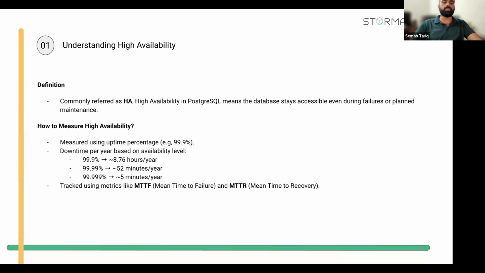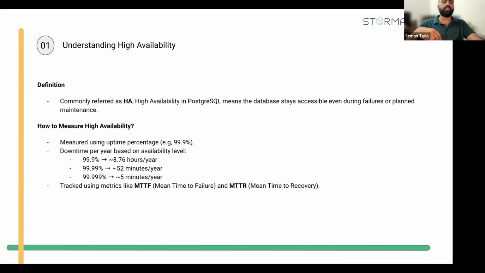In numbers, 99.9% of high availability means that our system can face some sort of downtime of 8 plus hours throughout the year. And this is throughout the year, not per month.